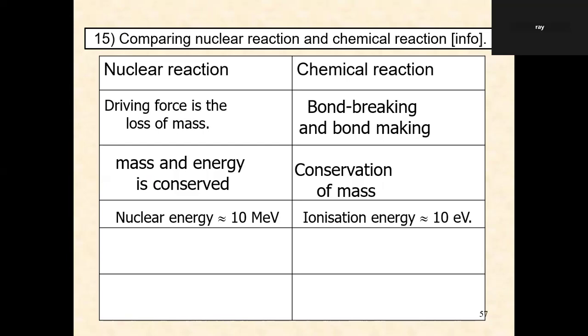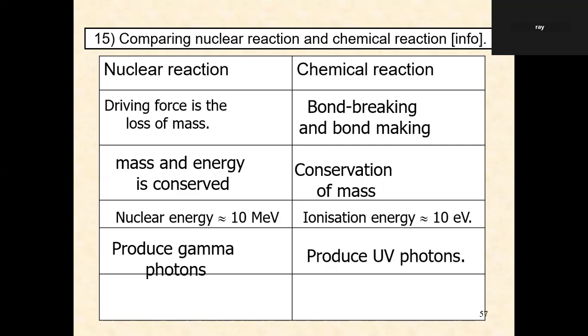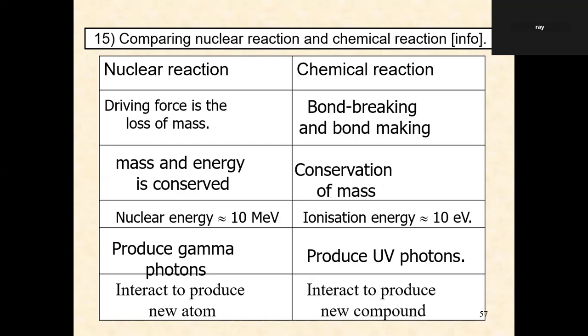The difference in energy is about 1 million times, or 10 to the power 6. Nuclear reaction produces gamma photons, while chemical reaction produces ultraviolet photons. Nuclear reaction produces a new atom, while chemical reaction produces a new compound.